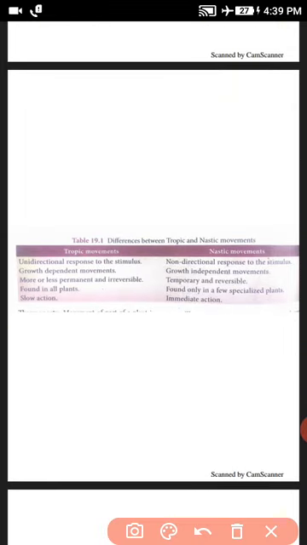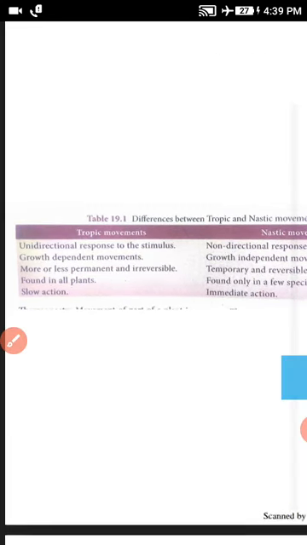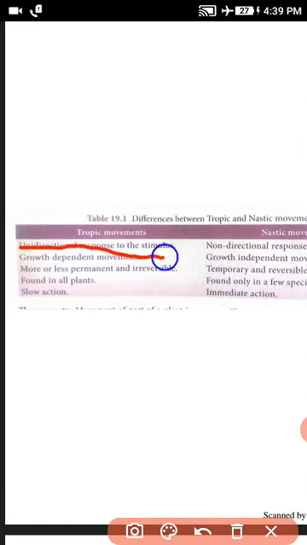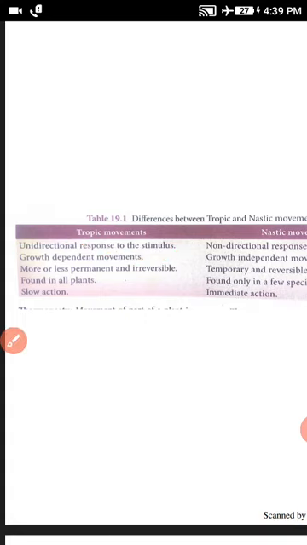Tropic and nastic movements. Tropic movements are a unidirectional response to stimuli, in a particular direction. For example, the stem portion mostly grows in the direction of sunlight, and the root portion grows in the direction of gravity.